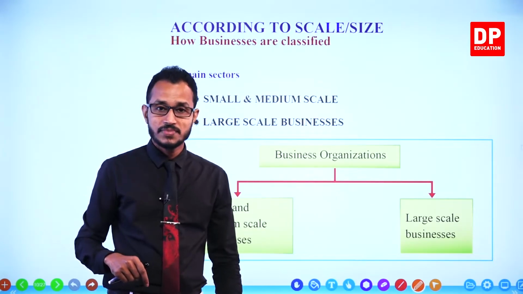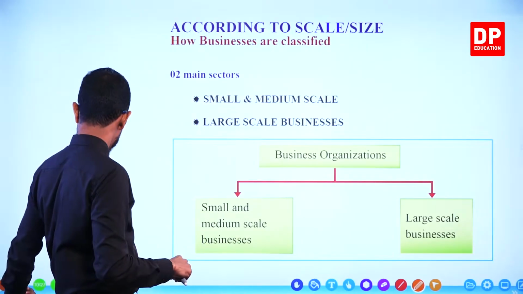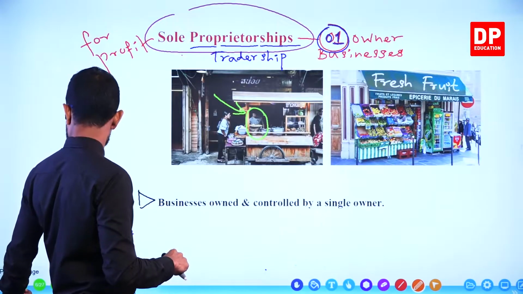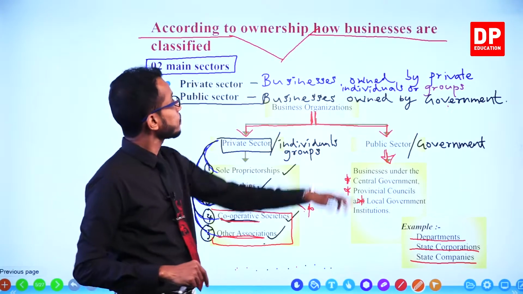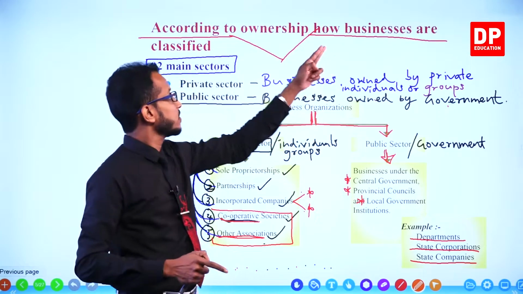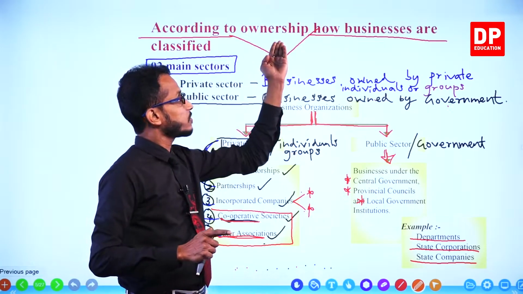Ink was the criteria. Just like that, we divided business organizations. The first criteria was ownership.